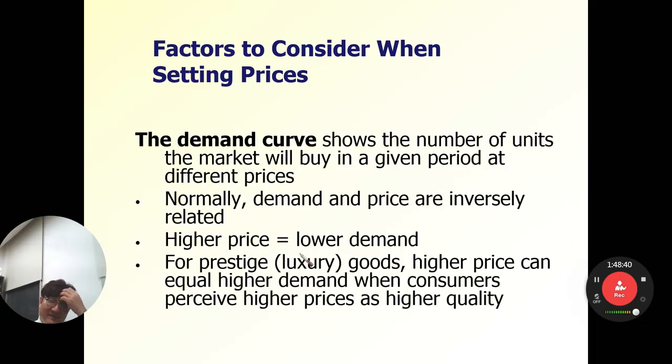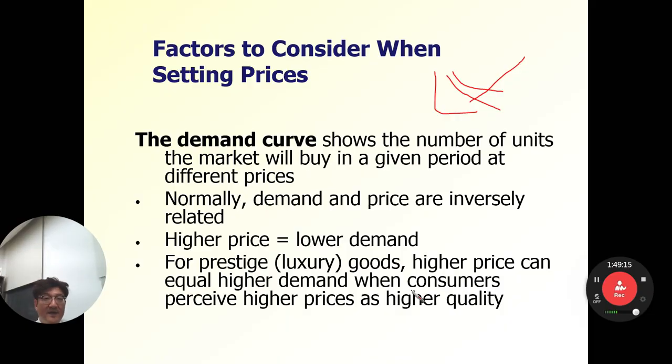Normally, demand and price are inversely related. That is why the demand curve follows this line, like this, not this. Higher price means lower demand, but that is in most cases, like I said. In some cases, for prestige goods, a higher price can mean higher demand, because sometimes a high price can act like a utility.